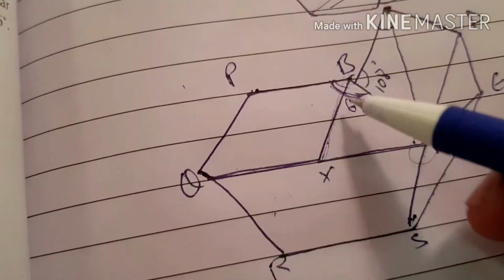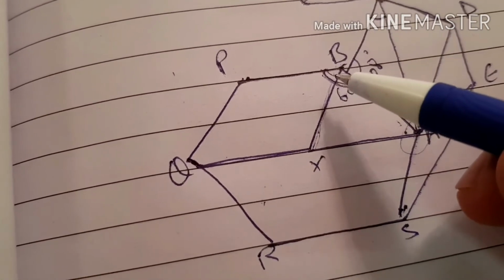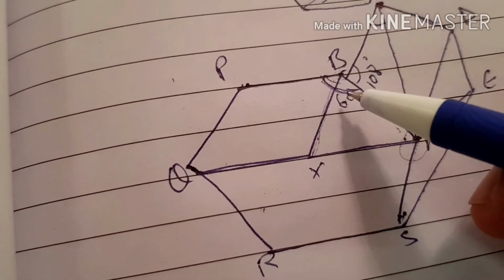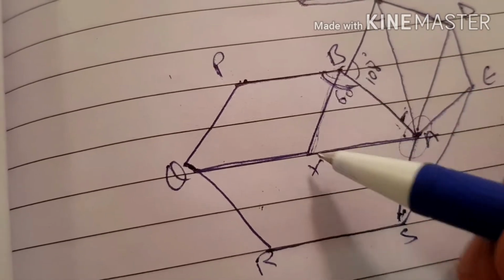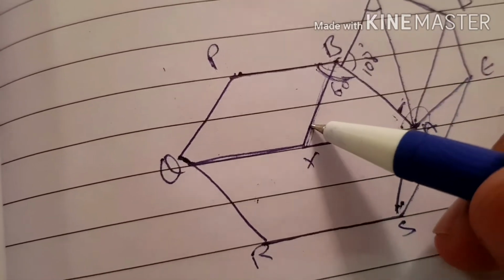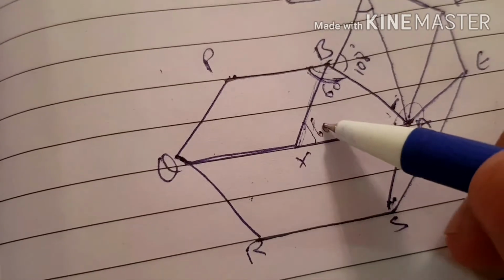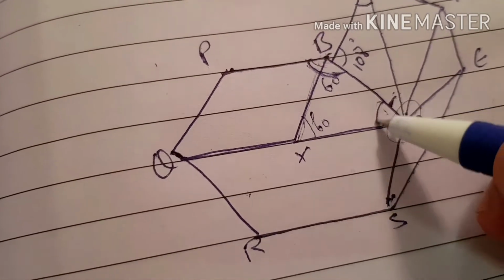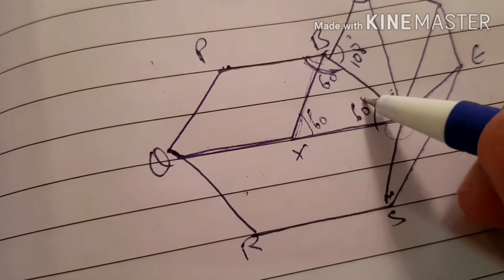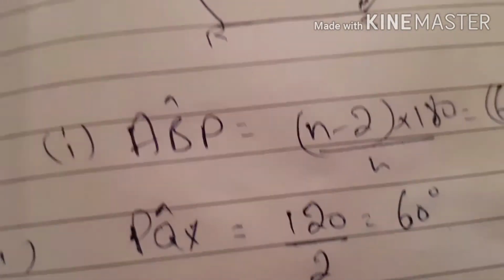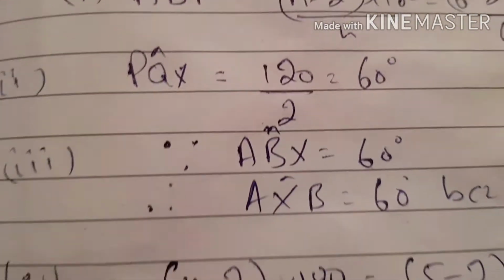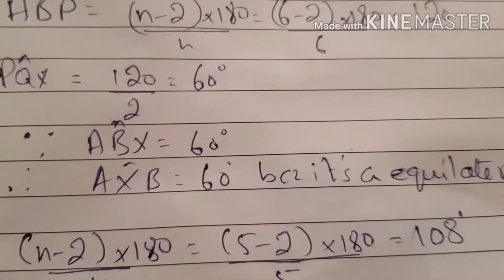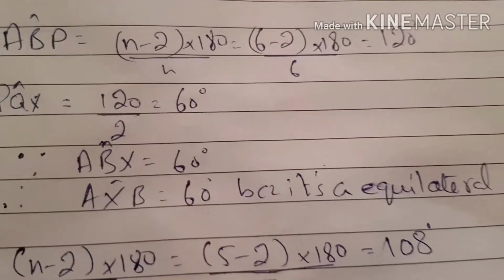My diagram is not that perfect. If you look in the book, you will get a clearer idea that this is 60. Since this is 60 and this triangle is an equilateral triangle, this will also be equal to 60, and this side will also be 60 degrees. So with this reference, we get the value of AXB equals 60, since this is an equilateral triangle.